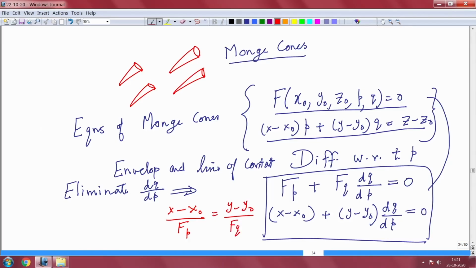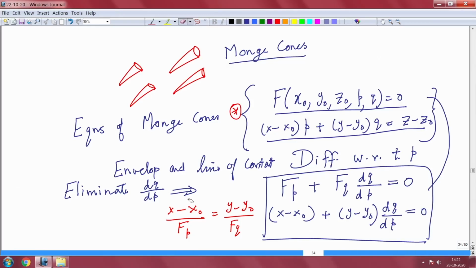So you see, you have these two equations star together with this equation. That will give you your equations of the Monge cone, and these two equations (x minus x naught)p plus (y minus y naught)q equal to z minus z naught, together with this (x minus x naught) by f_p, will give you the line of contact.